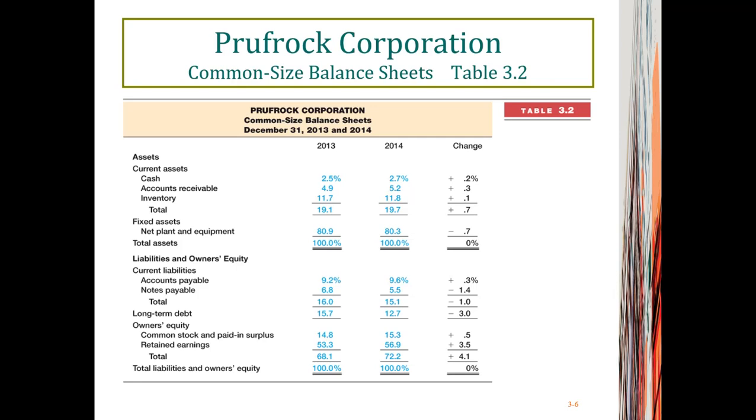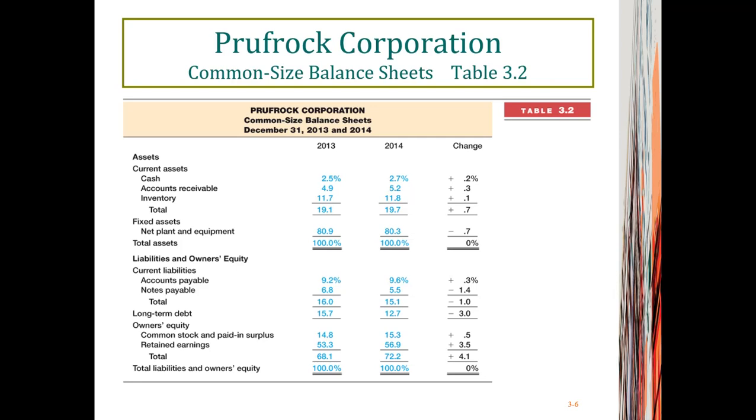While total current assets increased by 0.7%, total fixed assets declined by 0.7%. In terms of liabilities and owner's equity, you see that total current liability declined to 15%, and total long-term debt declined from 15.7% to 12.7%.